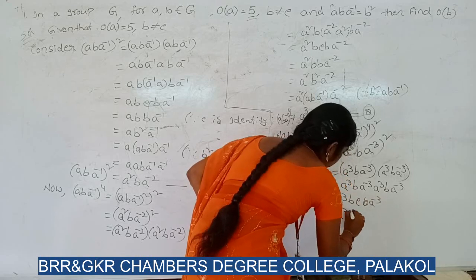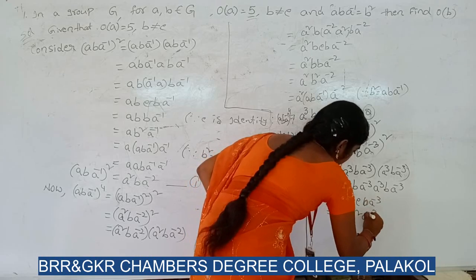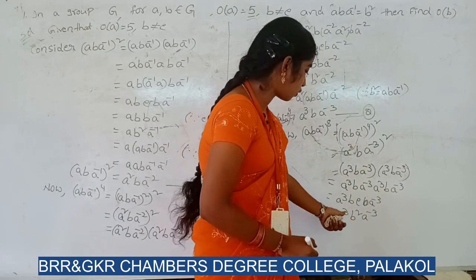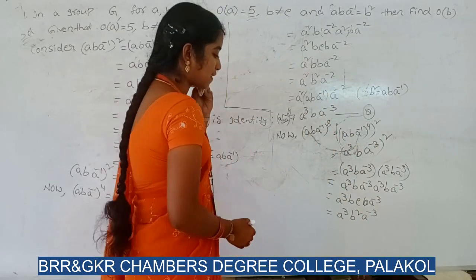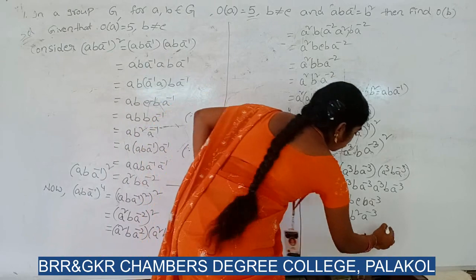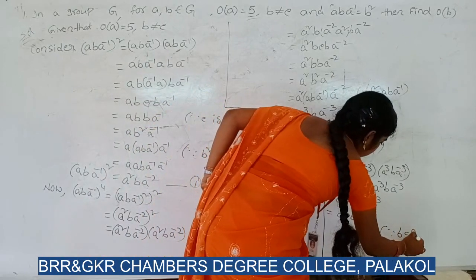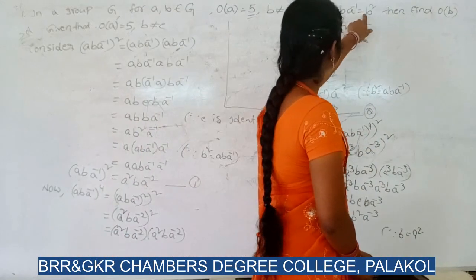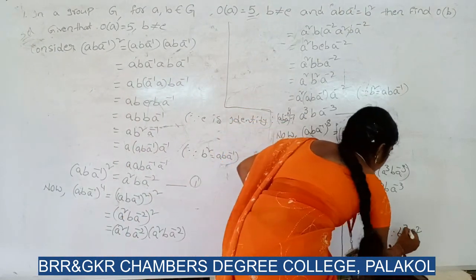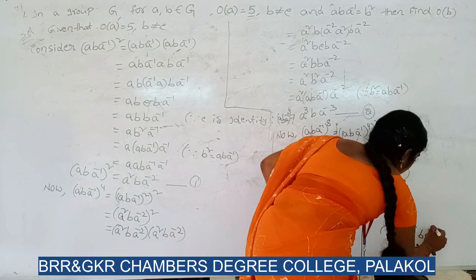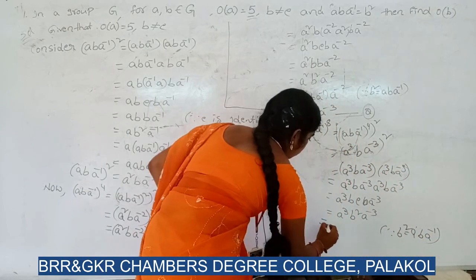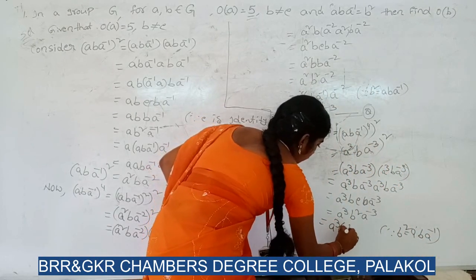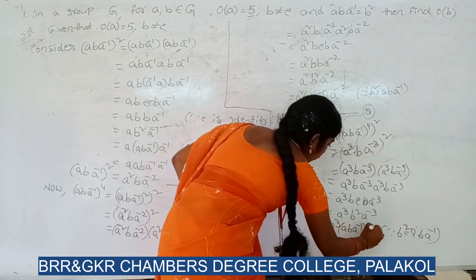So a cube b square a power minus 3 is the identity element form. Already you know that b square equals a b a inverse, so a cube into a b a inverse a power minus 3.